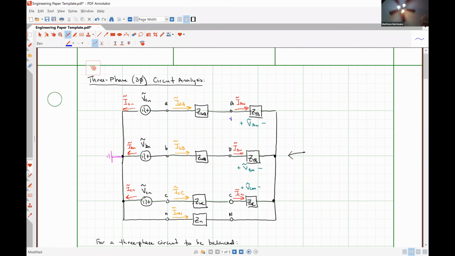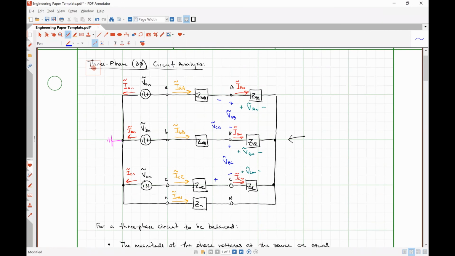So our line voltages are defined to be the voltage drops between our transmission lines. This would be VAB. This would be VBC. And from here to here would be VCA, so from terminal C to terminal A. So we could effectively just write a simple Kirchhoff's voltage law loop, and we would find that VAB is VAN minus VBN.